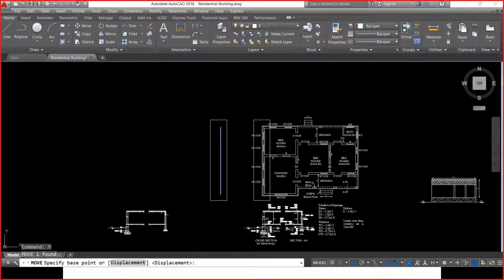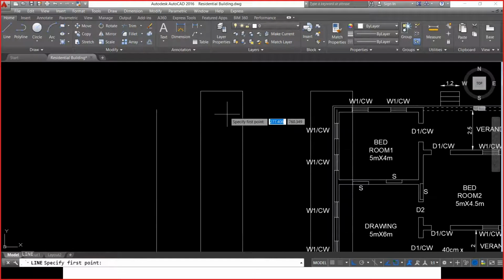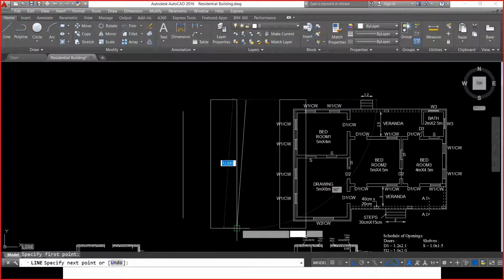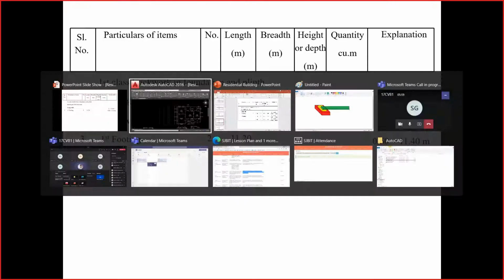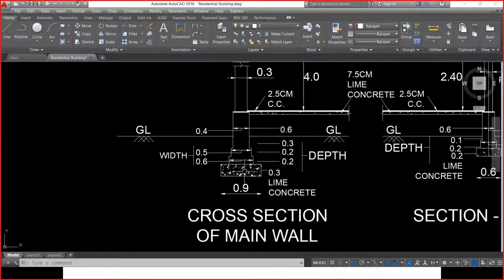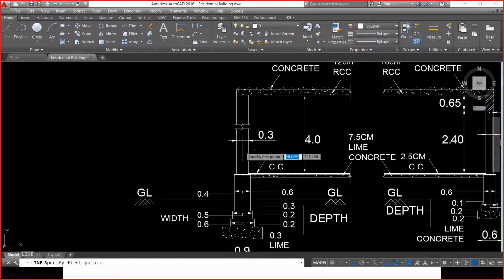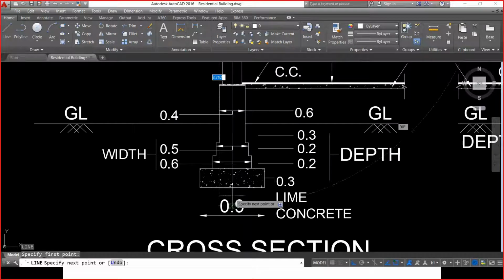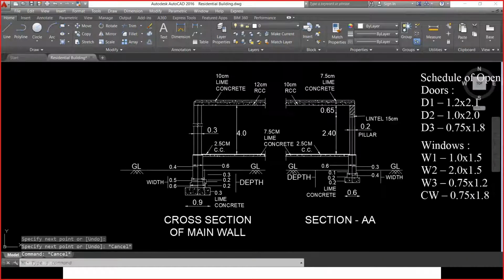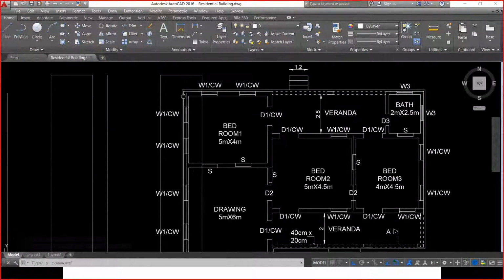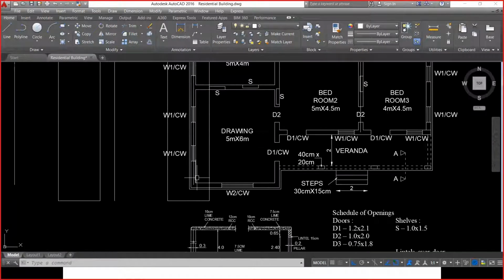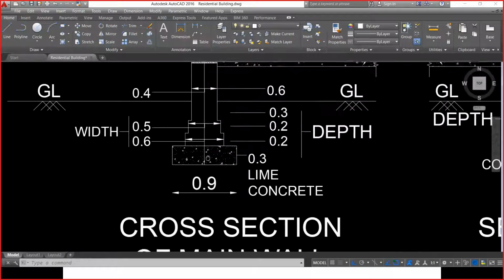So I need the actual length. I just have the center to center distance. Actual length is greater than the center to center length because it is the long wall. I need to add this portion at the top as well as at the bottom. I need to add some values, and what are those values is, if I go back here, we know if I just draw the center line for this particular case, this is the center line and this is the center line. Beyond the center line I have half of the width, and beyond the center line I have half of the width.